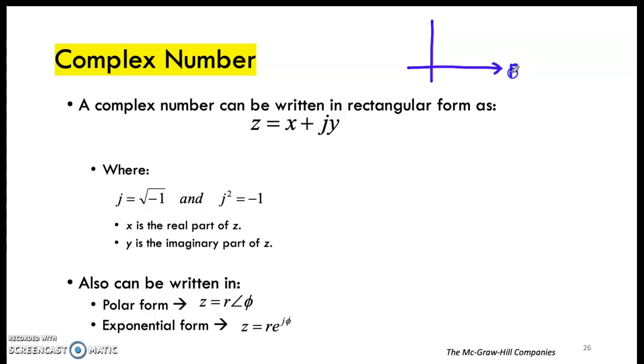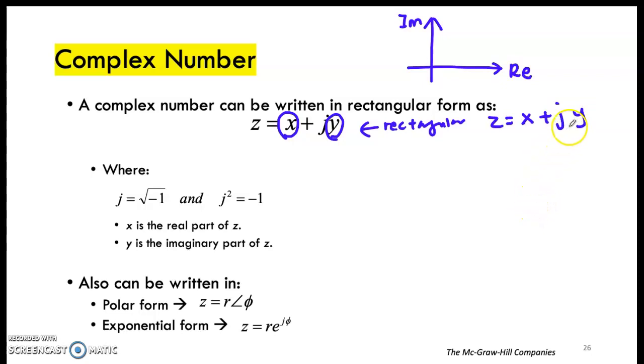A complex number has a real part and an imaginary part. The real part here is x, and the imaginary part here is y. This is one form of a complex number, what we call the rectangular form, where z is x plus jy.